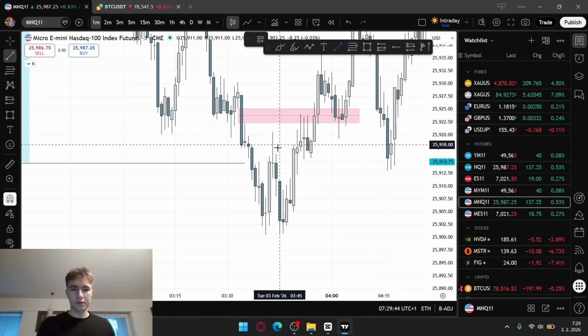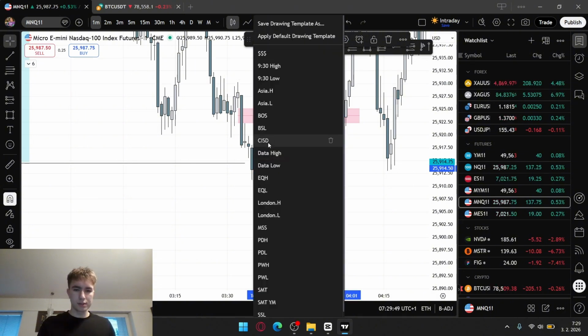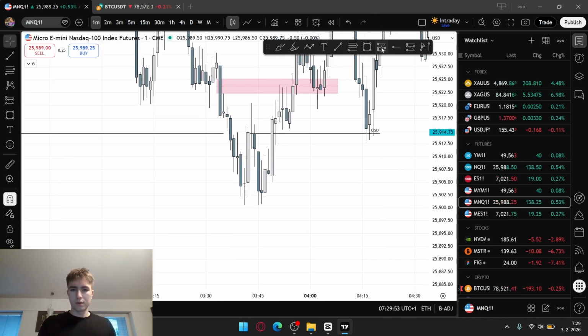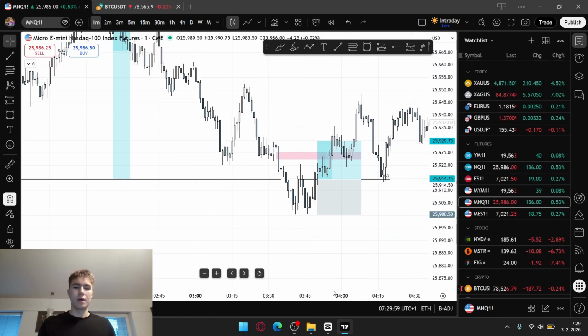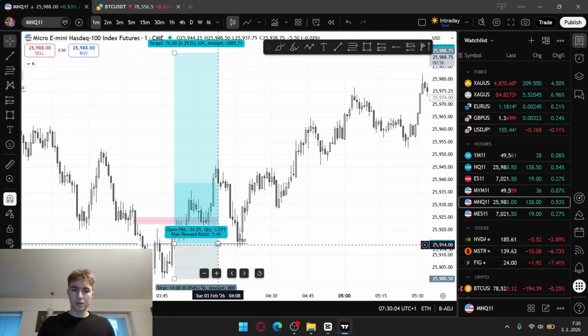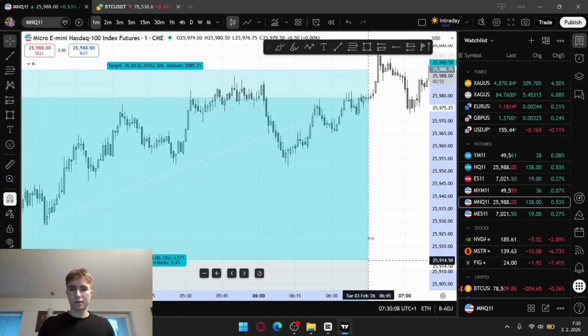So I would enter just from the change in state of delivery, and that would be this. Entry right after this, stop loss below the level, and take profit all the way up here. You can see that it got hit. Okay.